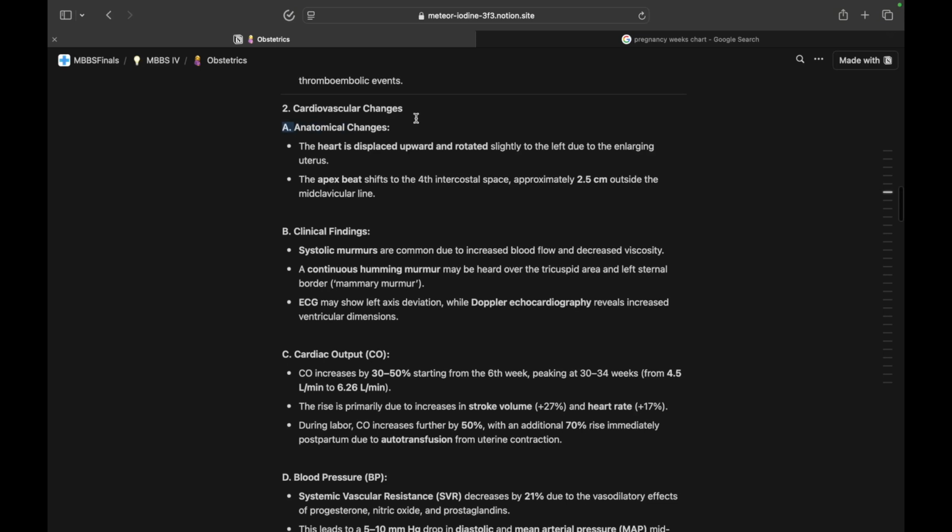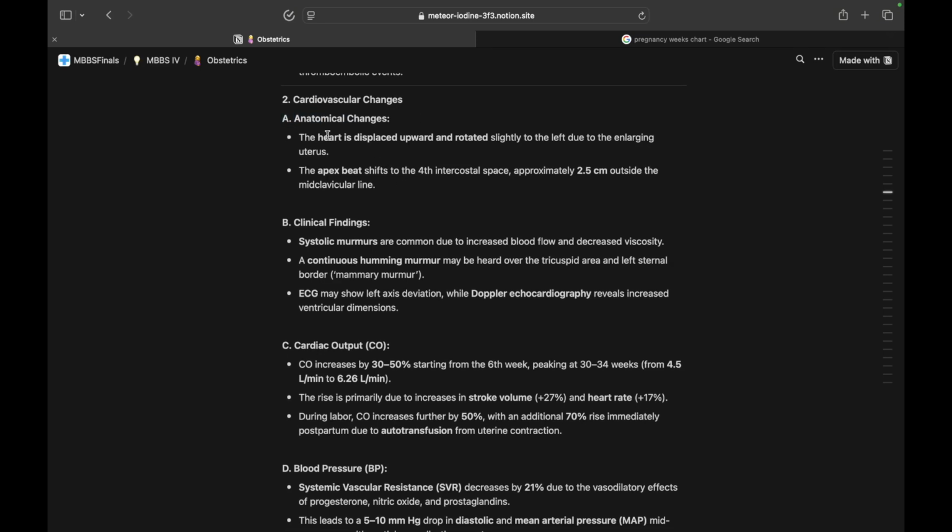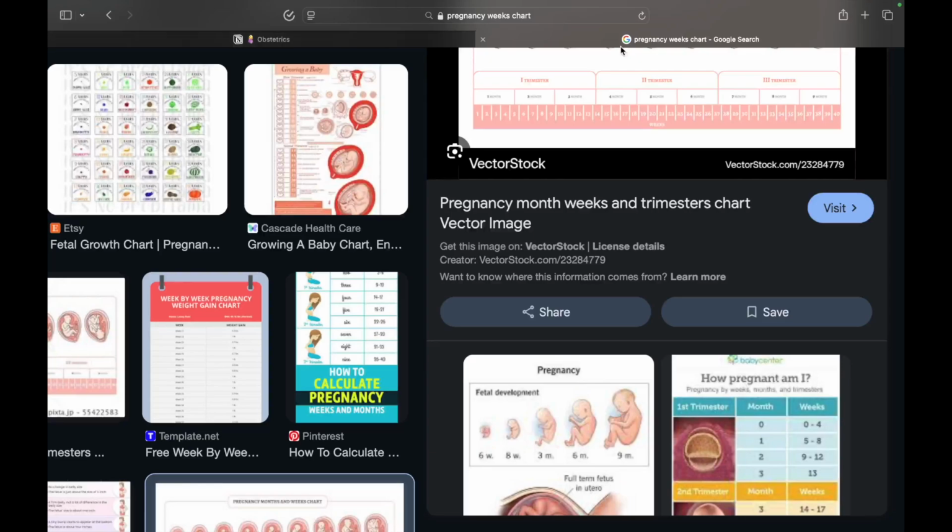Next, coming to the anatomical changes, the heart is placed upwards and slightly to the left due to the enlarging uterus. So the uterus grows and pushes the heart slightly to the left. It's already on the left, so this exaggerates that, more upward and rotated to the left. The apex beat shifts to the fourth intercostal space, approximately 2.5 centimeters outside the midline.